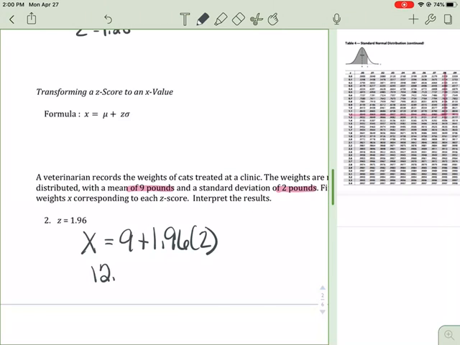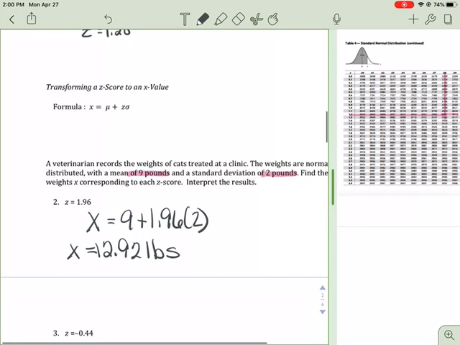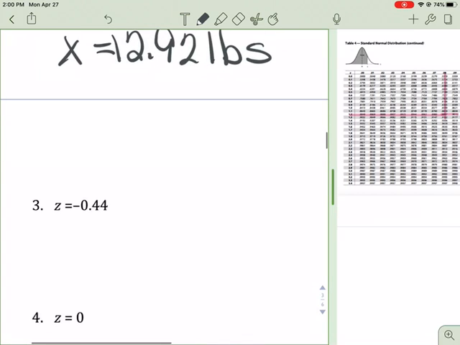Okay, when we do the math, we're going to get 12.92. And these are pounds because that's how much our cat weighs. So this cat is 12.92 pounds. This one, our z is negative 0.44.